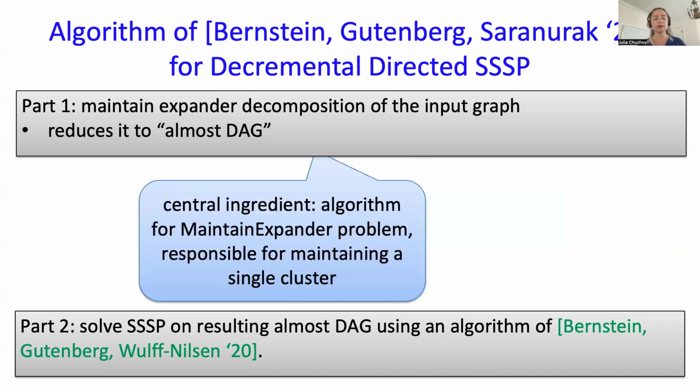And as is often the case, this algorithm for maintaining expander decomposition basically boils down to an algorithm that maintains a single expander-like cluster. So we call the corresponding problem the maintain expander problem, and its purpose is simply to maintain a single cluster in this decomposition.